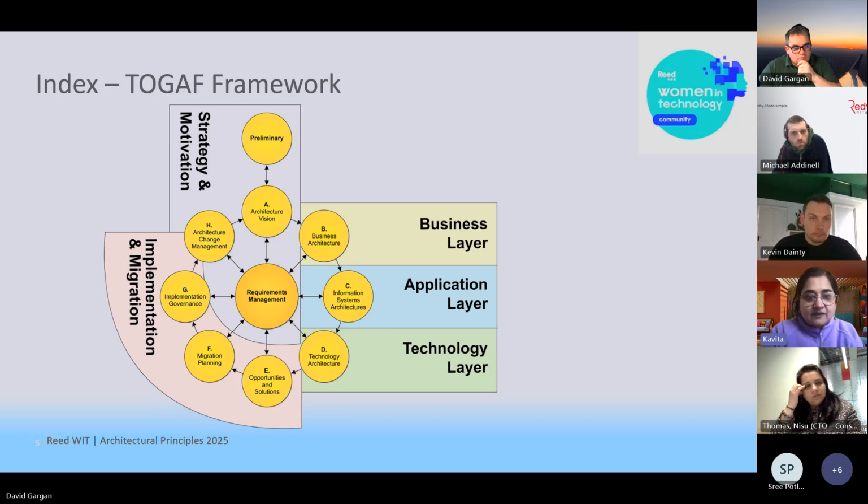And this is another view to ensure that the architecture principles cover all aspects of all stakeholders, I would say, whether it's business, whether it's in the technology domain, development and implementation domain.